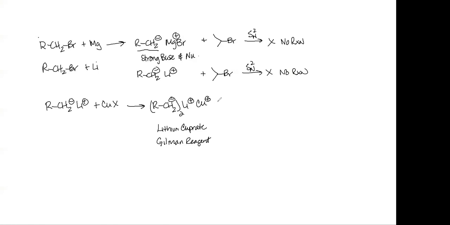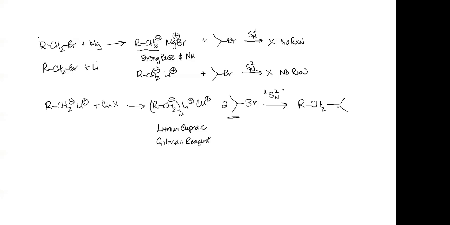Yeah. This complex, because of the presence of the copper, would let me react. I'm going to need two because of the stoichiometry, but it will now do, and I'm putting this in quotes, an SN2 reaction, where I'm able to couple my CH2 with my isopropyl group over here.